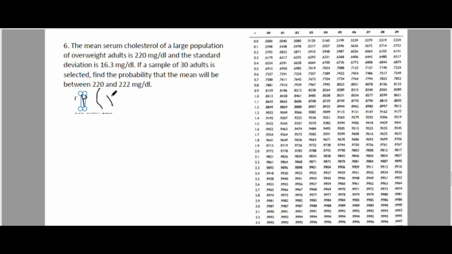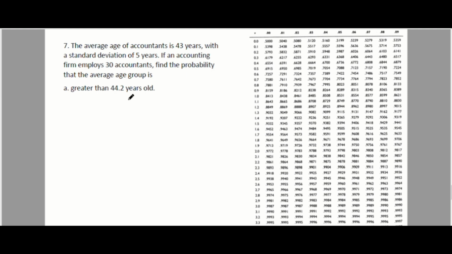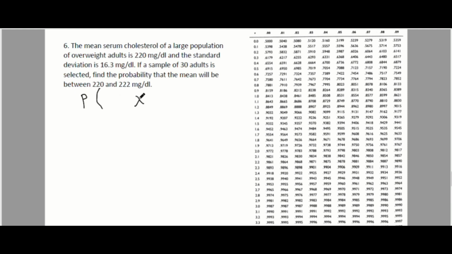So we have this between. X bar is here at the center between 220 and 222. So we have 220 minus 220 divided by 16.3 over square root of 30.